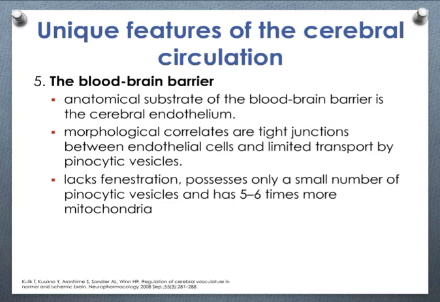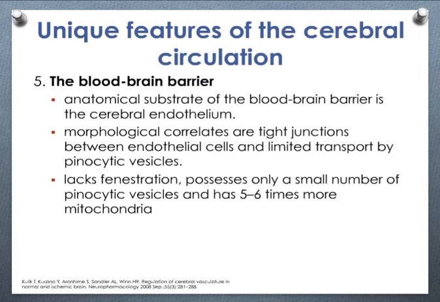Compared to the general circulation, one of the most important points is that we have a barrier, the so-called blood-brain barrier, and the capillaries lack fenestration compared to the general circulation.